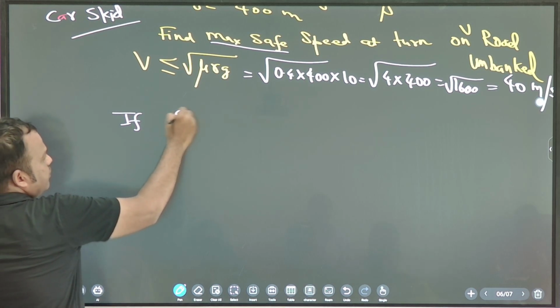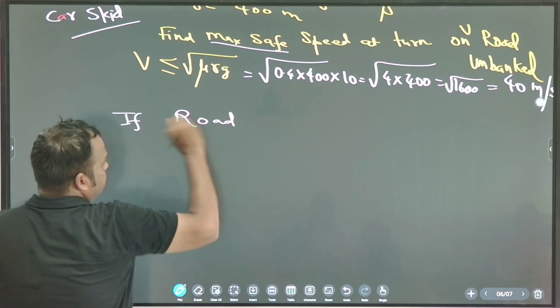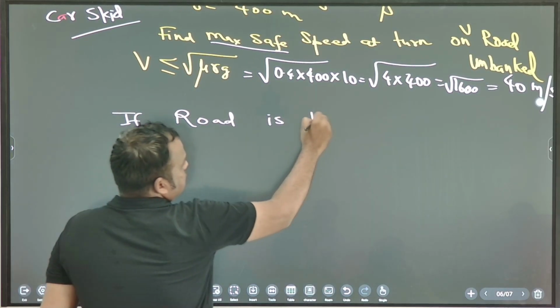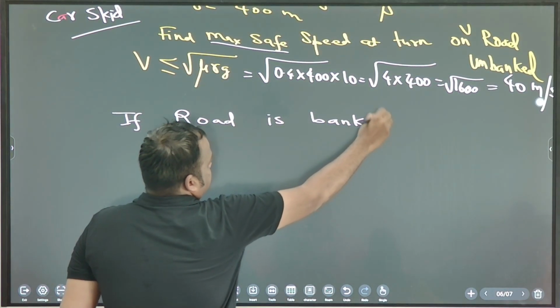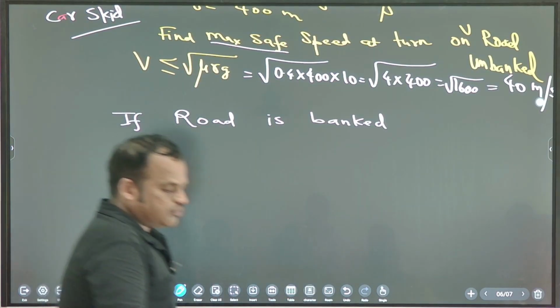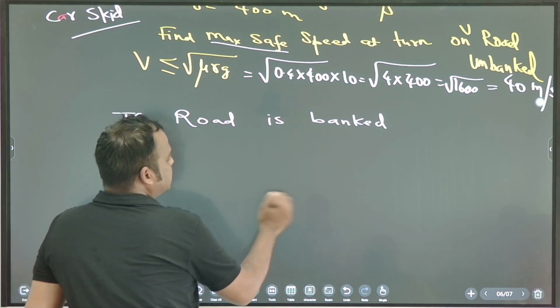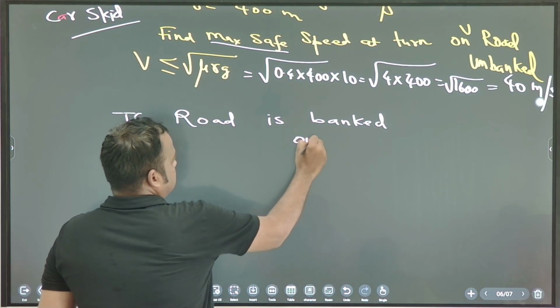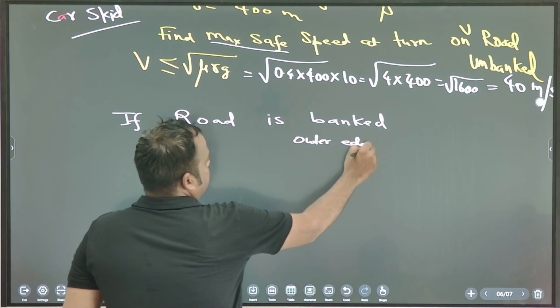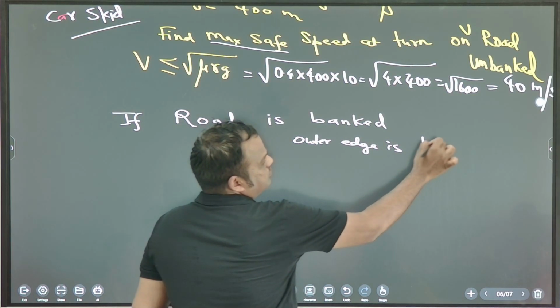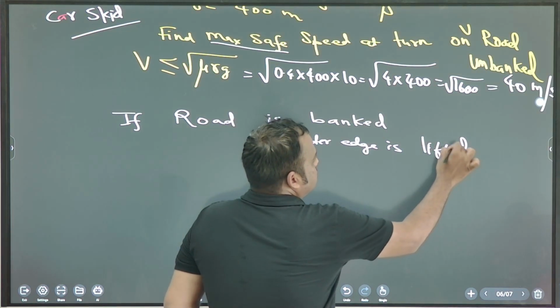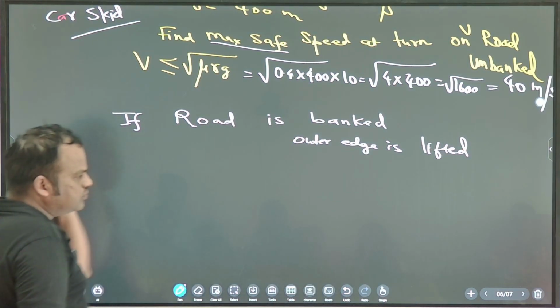Next, write down: if the road is banked, road bank means like this. So the outer edge is lifted. Are you getting? How do you see a road?